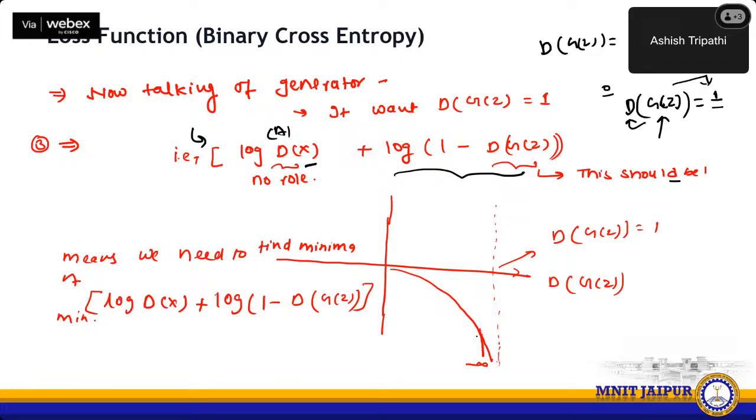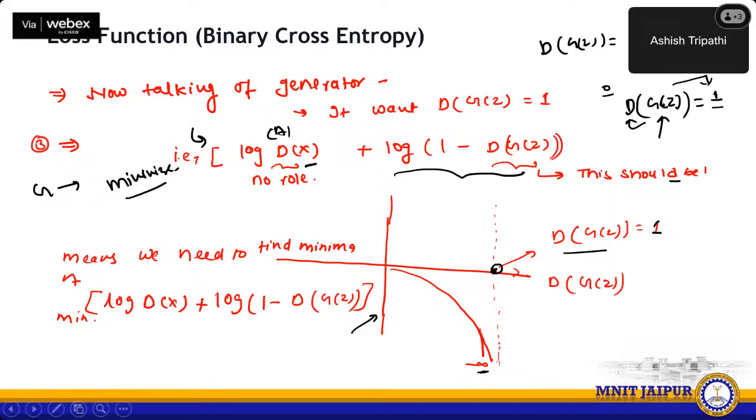If you plot the function, at this point when D of G of z is equal to 1, this function, log of 1 minus D of G of z, will attain its minimum value, and the discriminator will be fooled. So the idea is quite clear that generator G wants to minimize this factor.